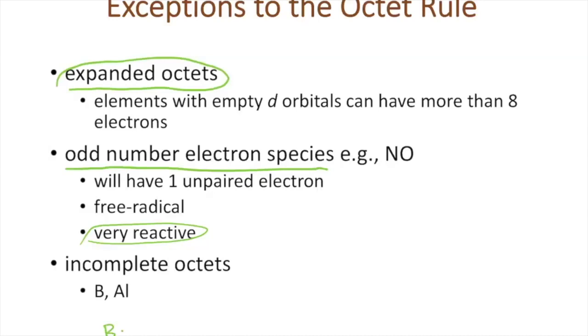Boron likes to have 3 bonds, as well as aluminum, which means they're happy with only having 6 electrons around it.